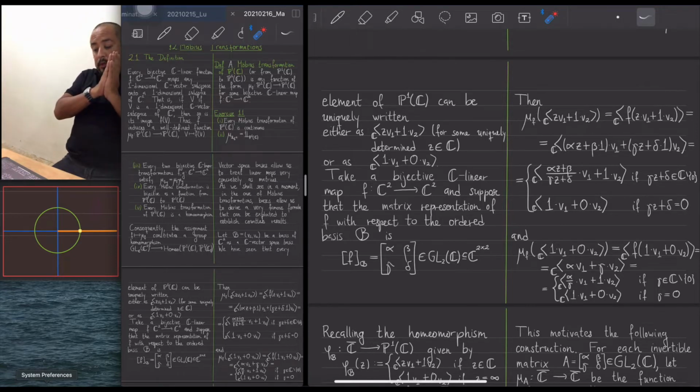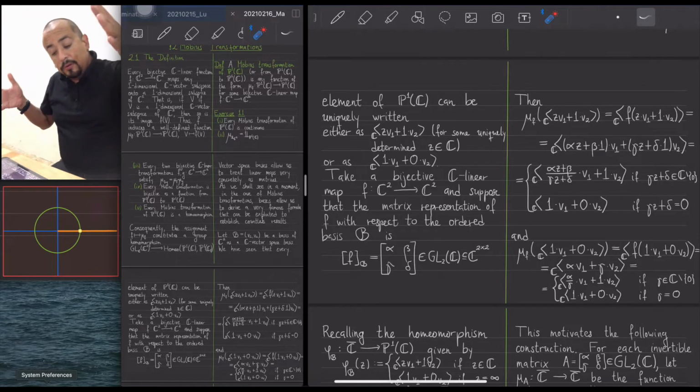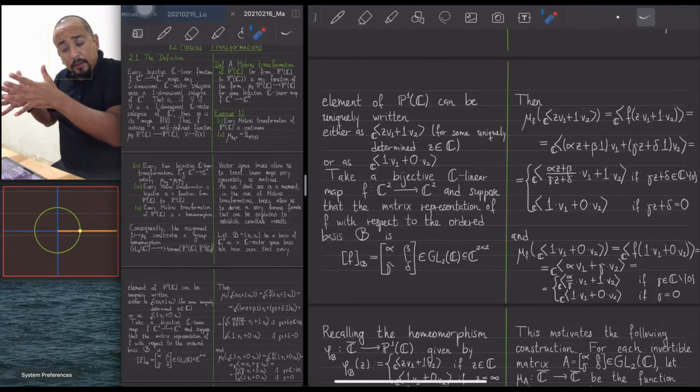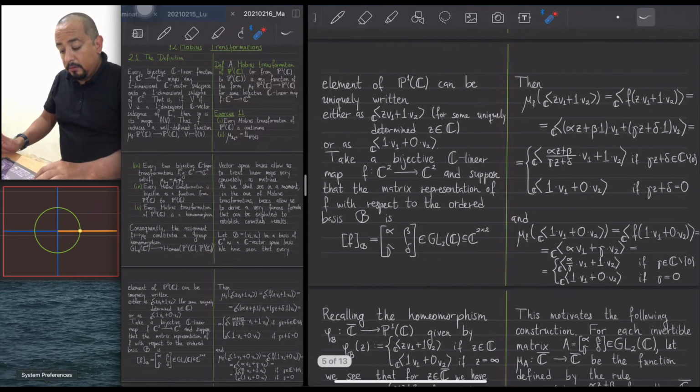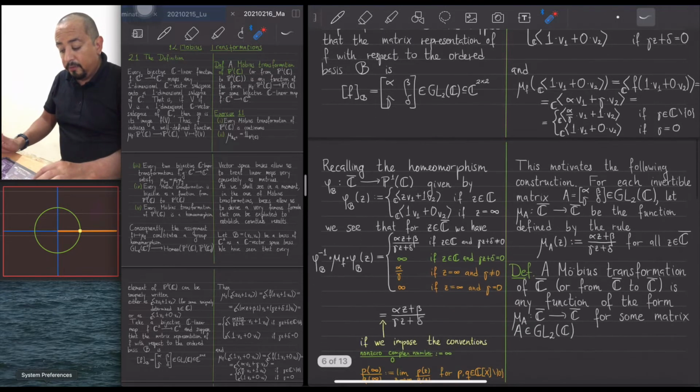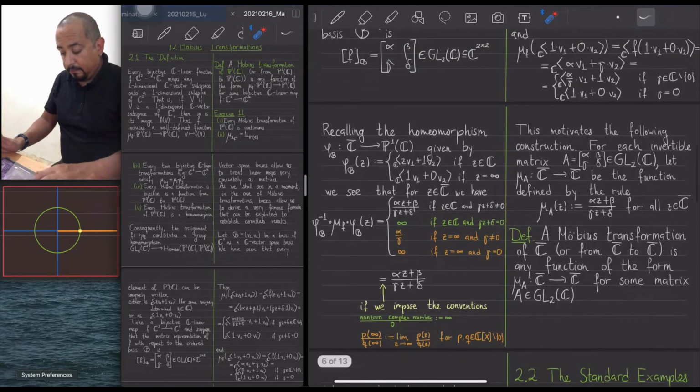So it makes sense to see how these functions can be expressed for C bar, right? I mean, in other words, we want to derive an explicit formula, but for C bar.